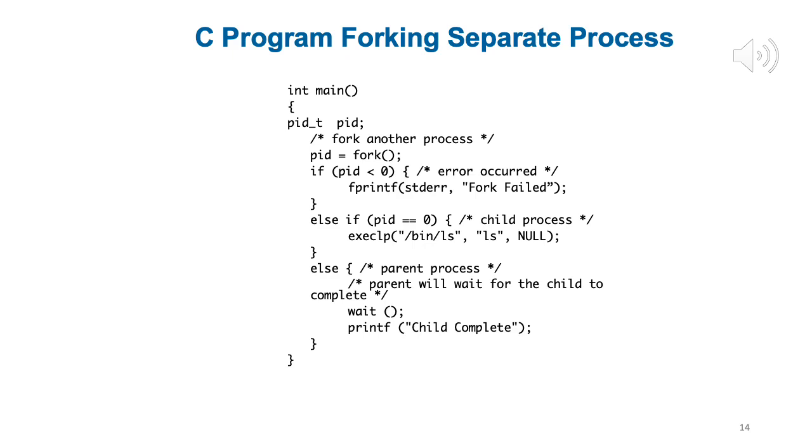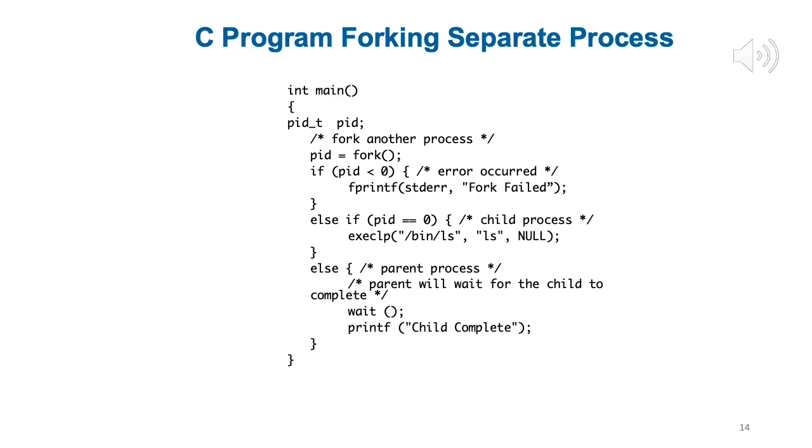Okay. Now the way that is done is this fork system call will return different values to the parent and the child, because note that from pid equal to fork onwards, now you have two processes running. One is a parent, one is a child, and by default they are running the same piece of code, which means they are running whatever comes after fork, both of them the same code.